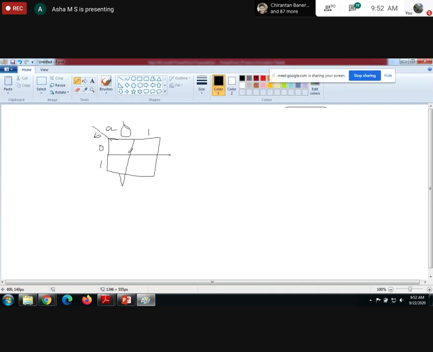So 0 0 is decimal 0, 0 1 is decimal 1, 1 0 is decimal 2, 1 1 is decimal 3. This is the way we represent the K-map for 2 variables. No need to worry about the 2 variable K-map; it is not in the syllabus.